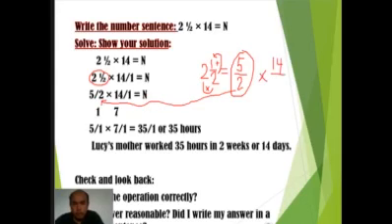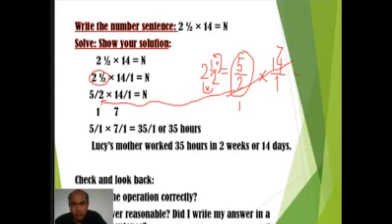Whole numbers are understood to have a denominator of 1. Since you can cancel out, we will divide 2 by 2, that is already 1. We will divide 14 by 2, this will become 7. So 5 divided by 1 is equal to 5.